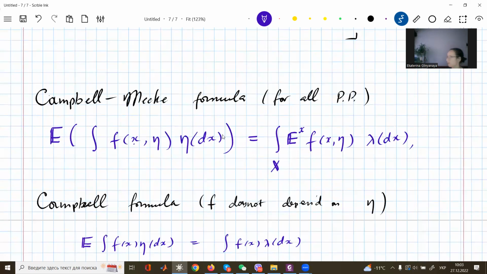We just gave the brief definition and considered some examples, but since we have this formula using the Palm distribution, you can understand the importance of the conditional distribution of a point process if we know that we have a point at some point x.